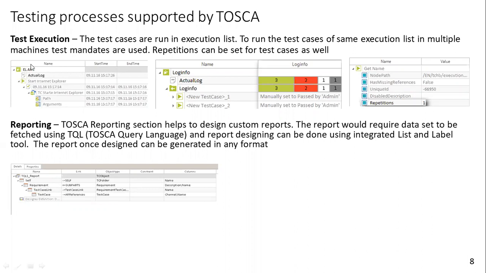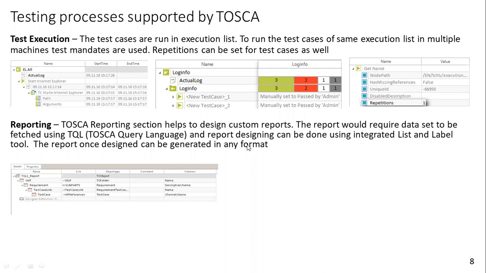Now, if I go to the reporting section of Tosca, you can create reports, and you can use the reports for any execution list or anything. But in order to create a report, you need to understand Tosca Query Language, because Tosca Query Language allows you to create a data set, and the reports will be created on top of that data set.